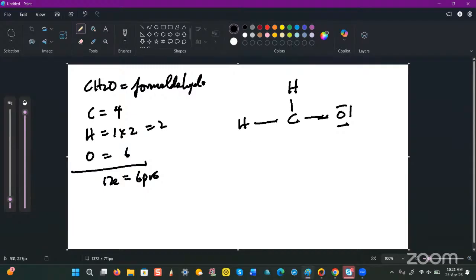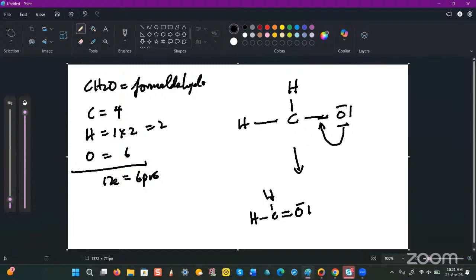But carbon has 2, 4, 6 electrons on its outer shell, right? So therefore, it needs another pair of electrons. And it can get that other pair because this pair of electrons here from the oxygen can come here to form an extra bond. And therefore, the final answer is going to be this, H, C, H, double bond O, and then you have 2 lone pairs here.